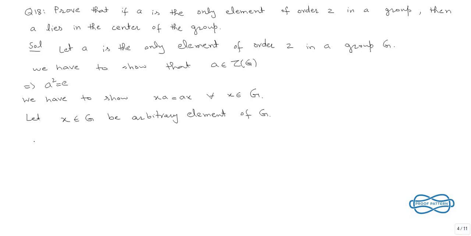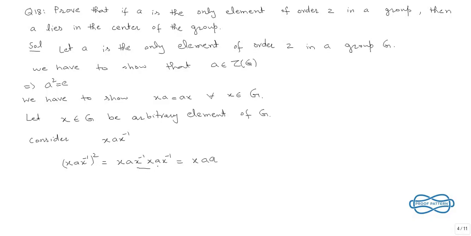Now consider the element XAX inverse. Now consider XAX inverse whole square, and that will be XAX inverse times XAX inverse, and that will be XA, and the product of these two elements will be identity.